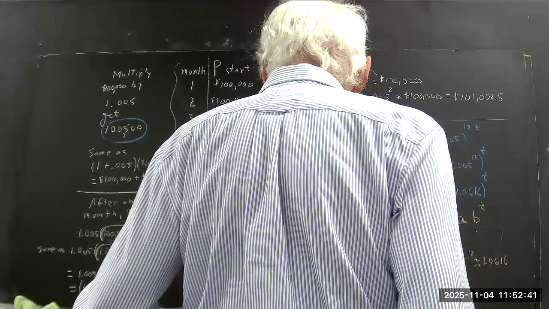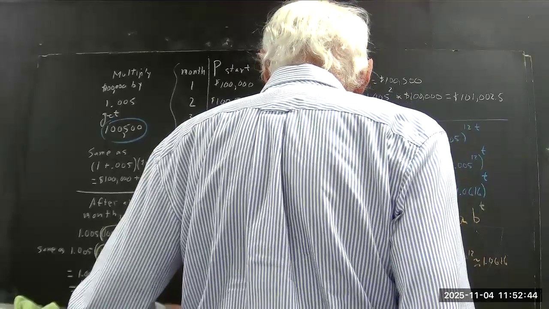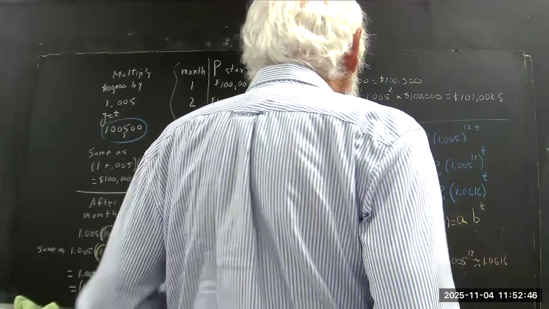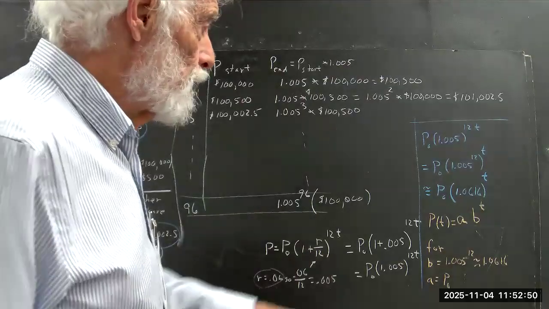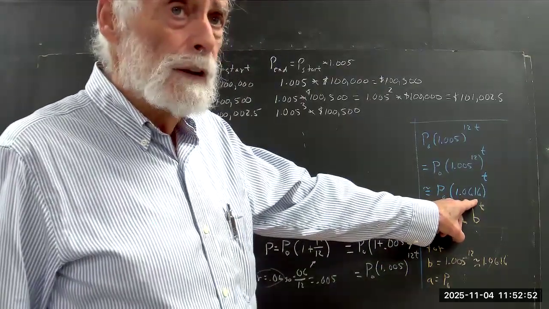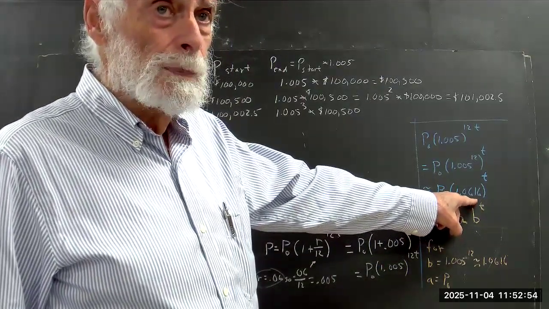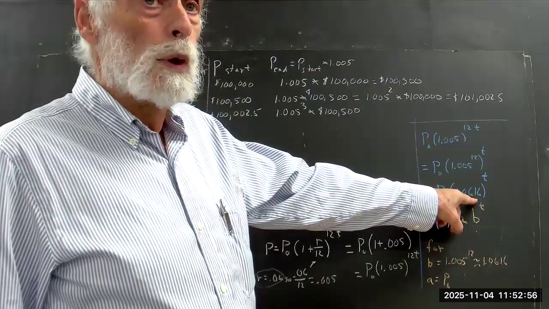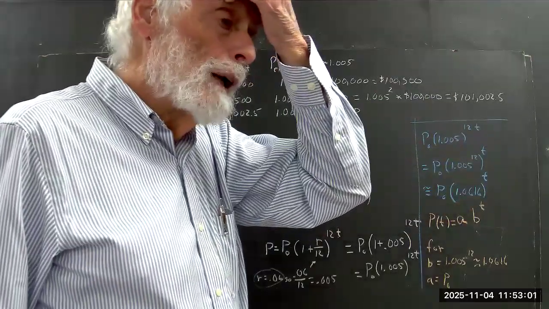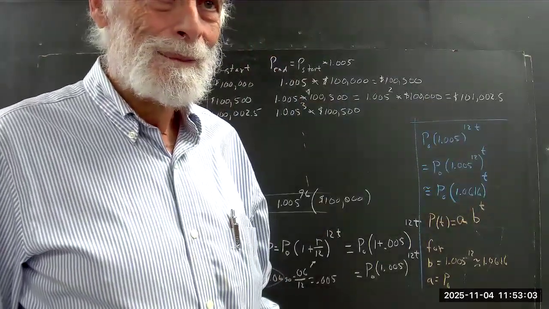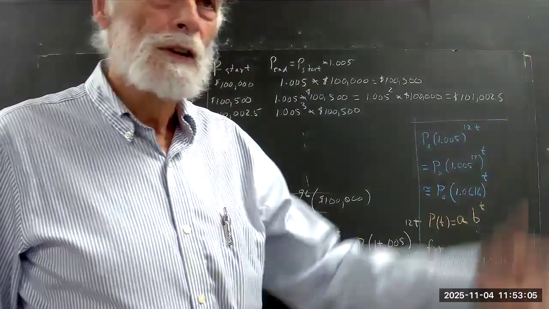Now, there's the other thing, and I think most people didn't get to this part. If you compound interest 12 times, you end up with a higher effective interest rate. Instead of 6%, you end up with 6.16%. If you compounded it every day, that'd be 360 times a year.